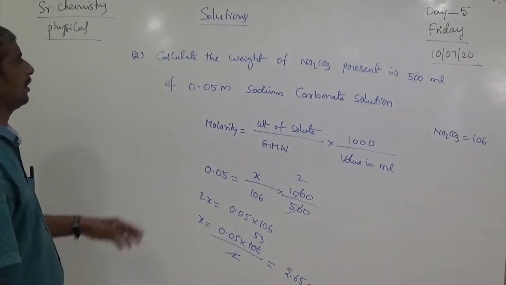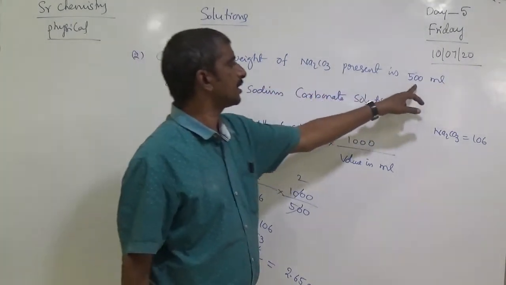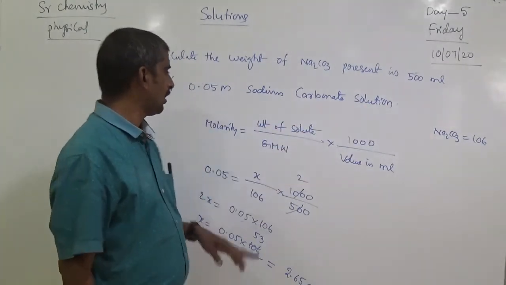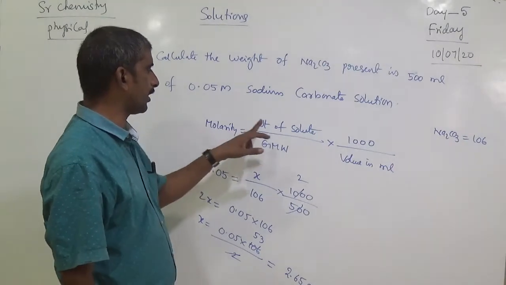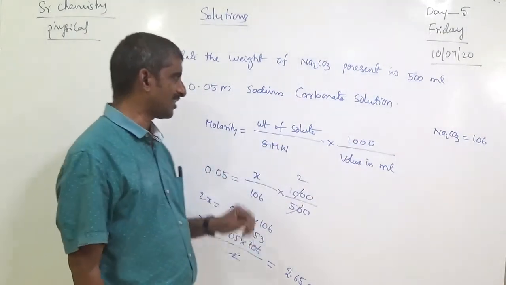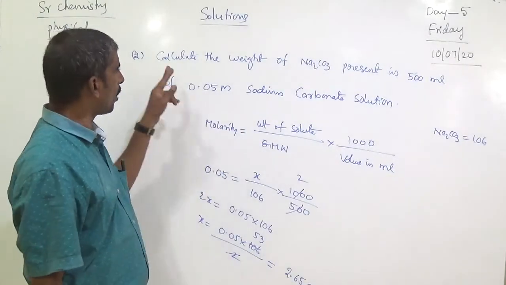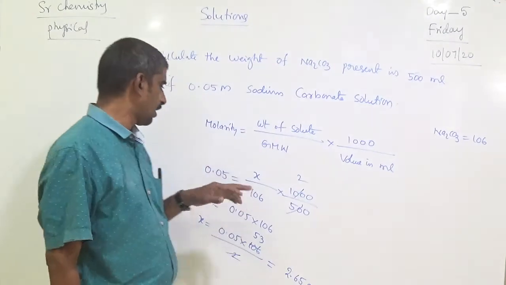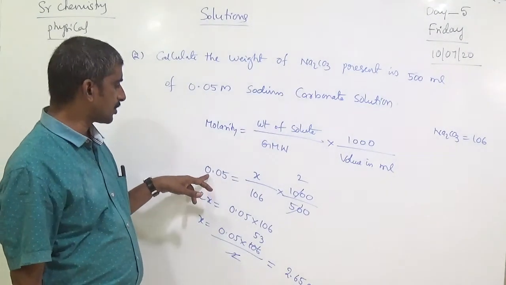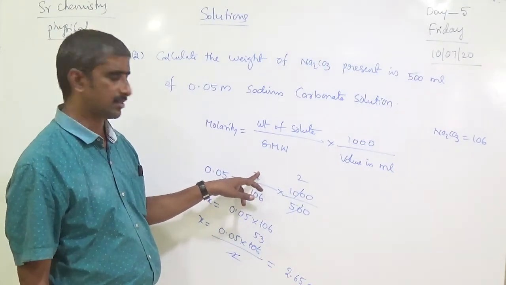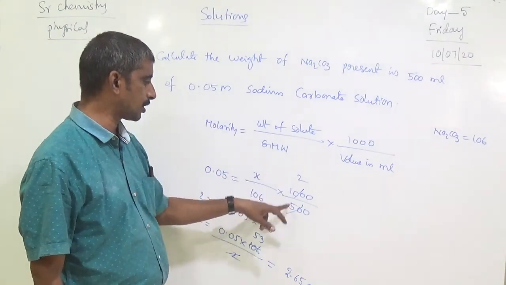Anyway, once again: calculate the weight of sodium carbonate present in 500 ml of 0.05 M sodium carbonate solution. Here, molarity equals weight of solute by gram molecular weight of solute into 1000 by volume in ml. Molarity is 0.05, the weight of solute is unknown, so I kept x: x by 106 into 1000 by 500.